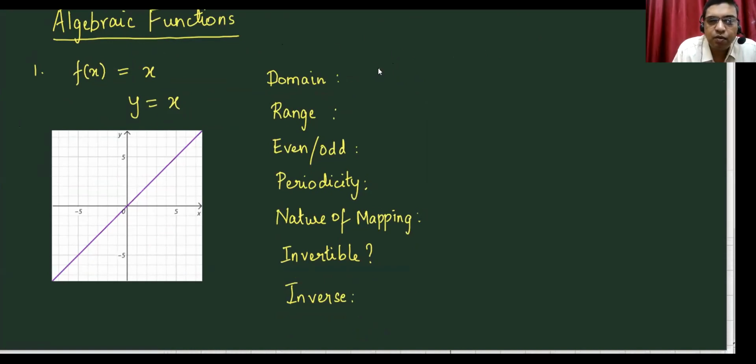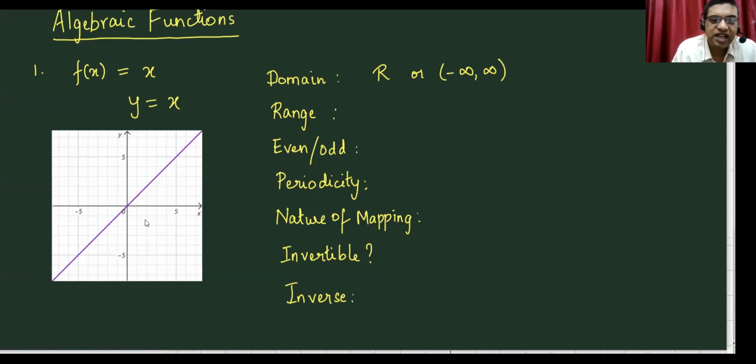Domain is R. That means x takes all real values. There is no value of x for which y will not be real. For all values of x, function is defined. So set of all real numbers, or we can write this as minus infinity to infinity.